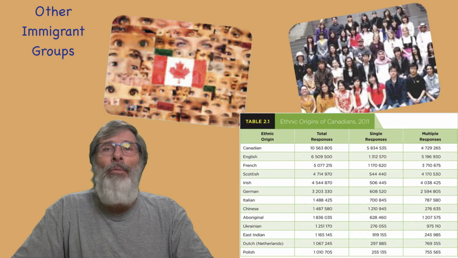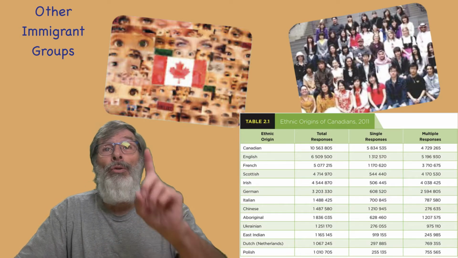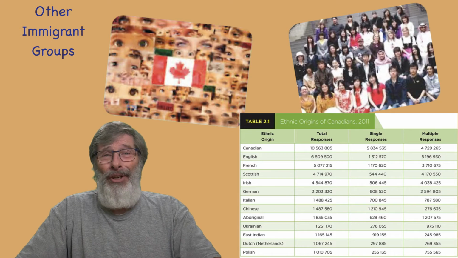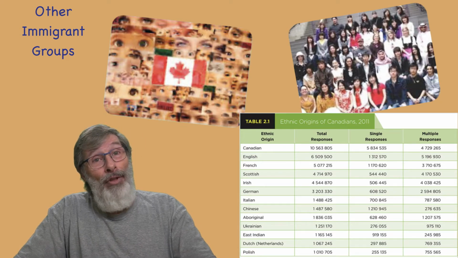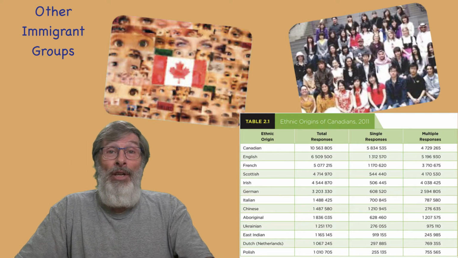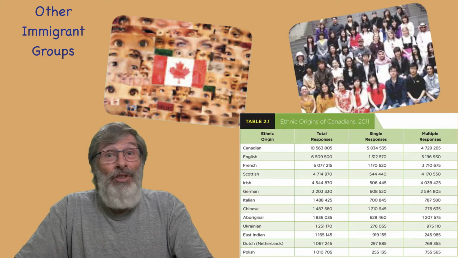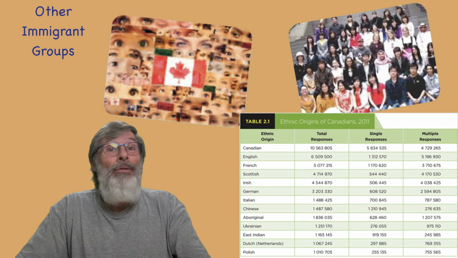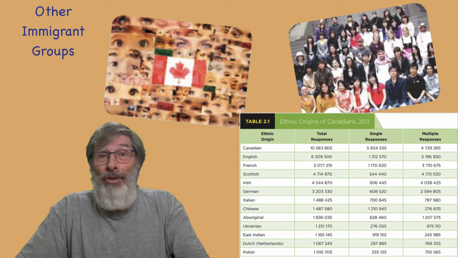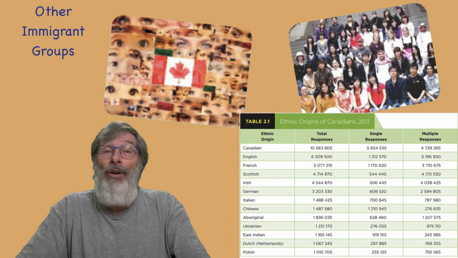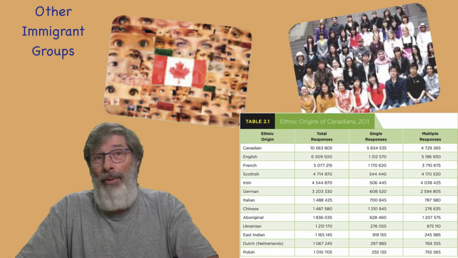An increasing number of Canadians report belonging to more than one ethnic group. So why would that be? Well, there's a big increase in mixed race families, and so that would make one explanation. There are marriages and common law unions between non-visible minorities and individuals who are of visible minorities.